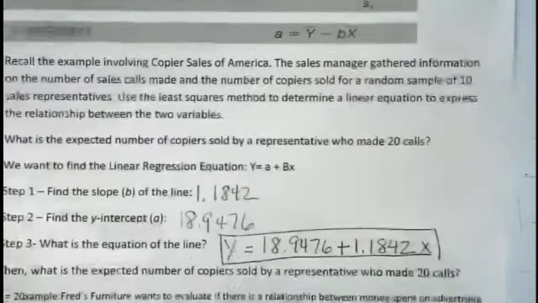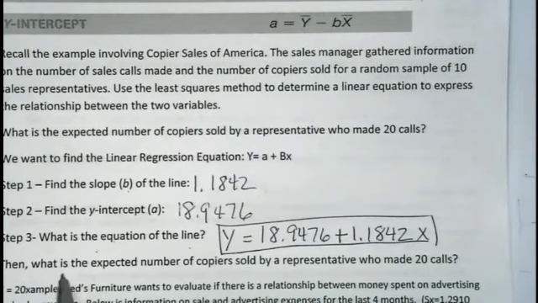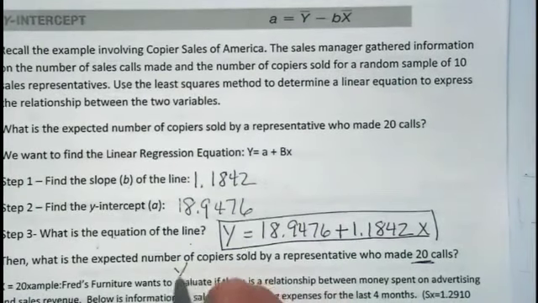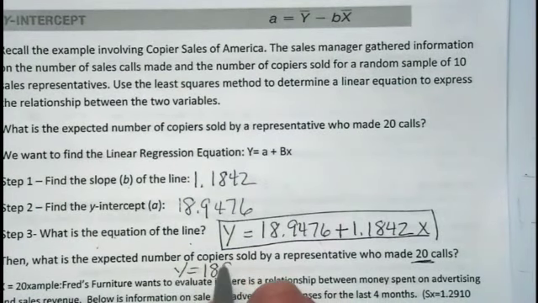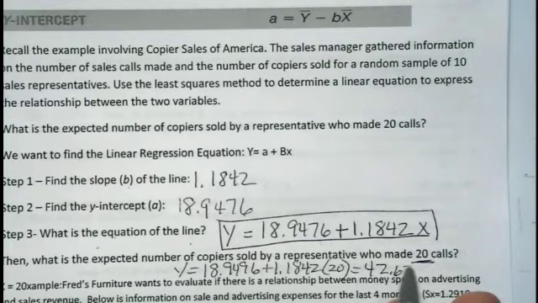So let's look at another piece of information. Let's say we're in business and we say, oh, okay, this month I want every one of my representatives to make 20 sales calls. Well, in that case, in my equation, I am going to substitute 20 in for x, and I get 42.63.